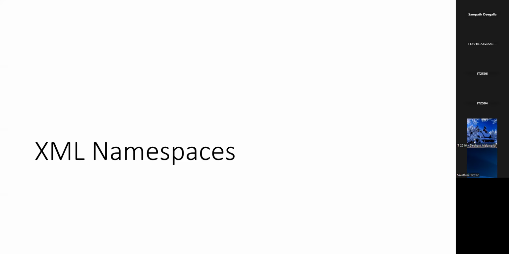So how do you handle it when you have the same tags, especially when combining two XML documents or XML fragments together? To handle such conflicts, we use what we call XML namespaces.